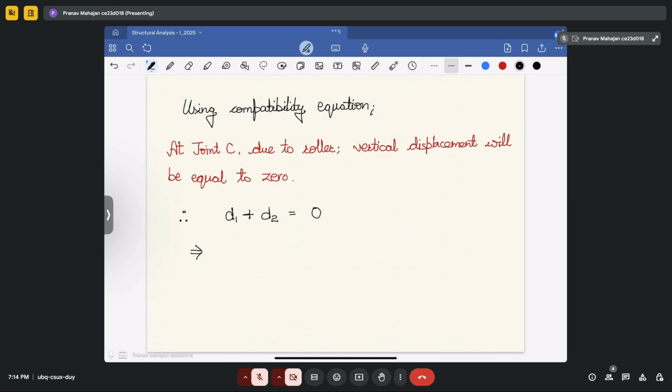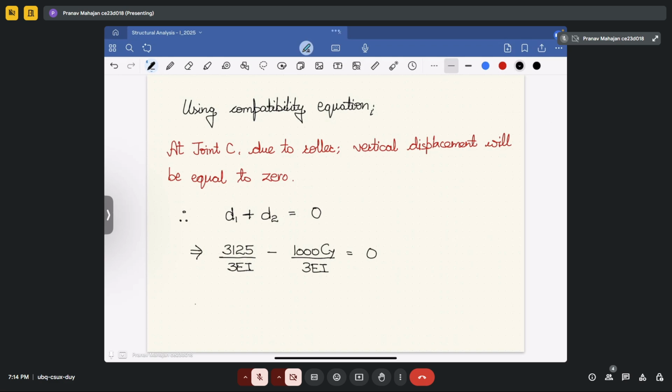Now you will solve further. Your D1 you already know to be 3125 divided by 3EI, and your D2 you have calculated as 1000 Cy divided by 3EI, equal to 0.